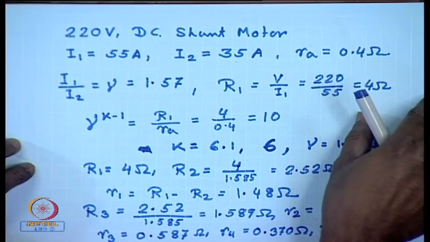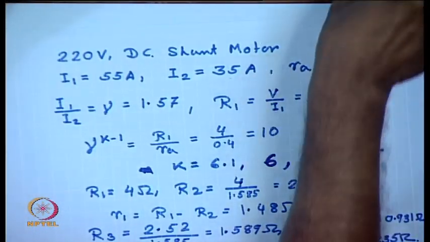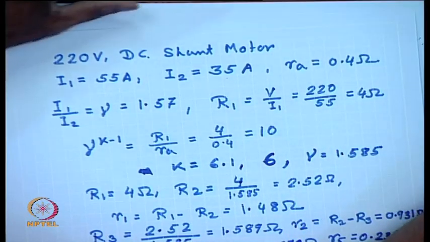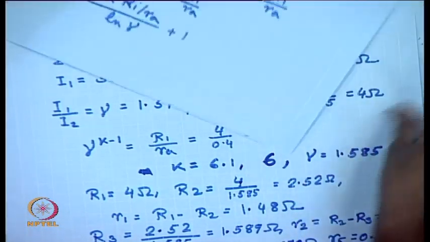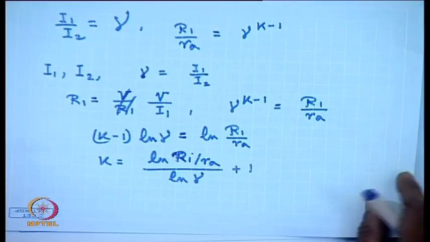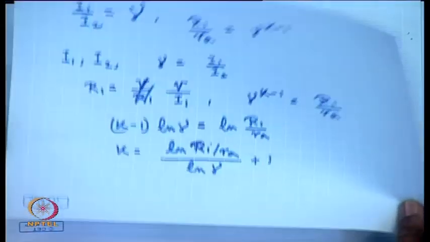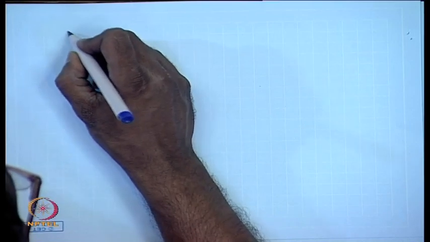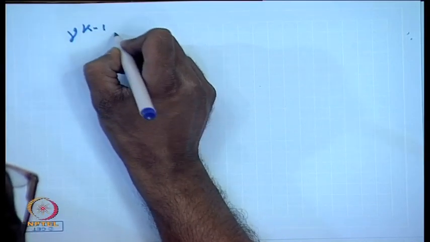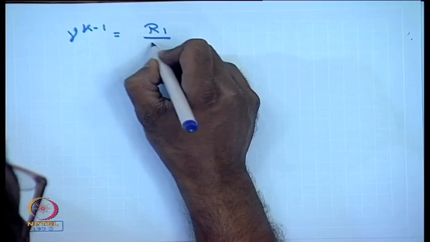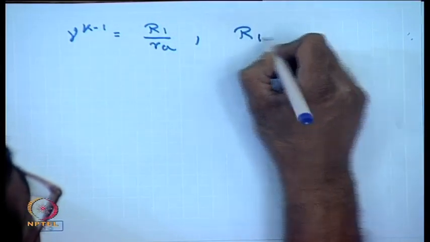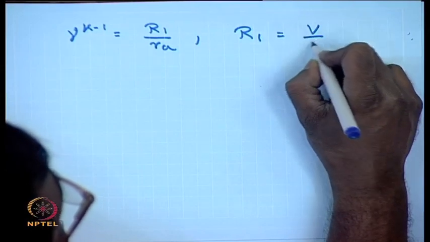Instead of specifying the maximum and minimum limits of the currents, it is sometimes simpler to specify the number of steps, but there basically the same relations hold. So, when the number of steps is specified, we still have the basic relationship gamma to the power k minus 1 equal to R1 by Ra, and R1 is still equal to V divided by I1.